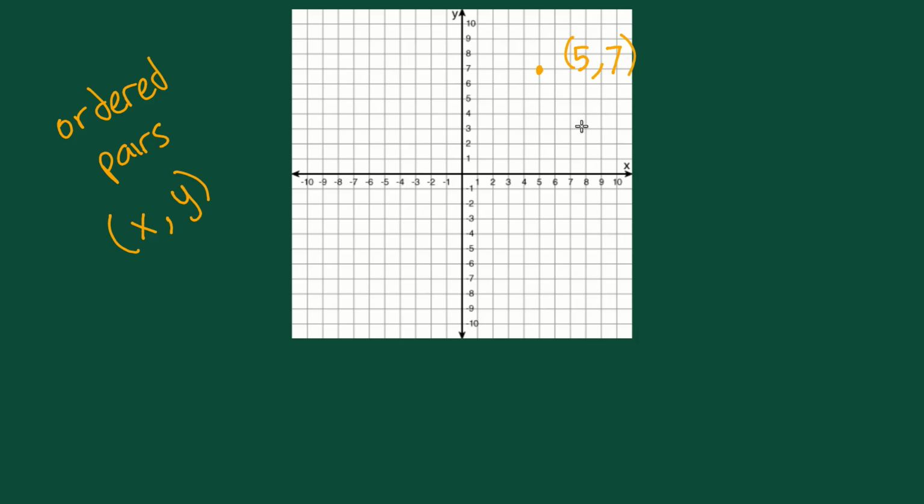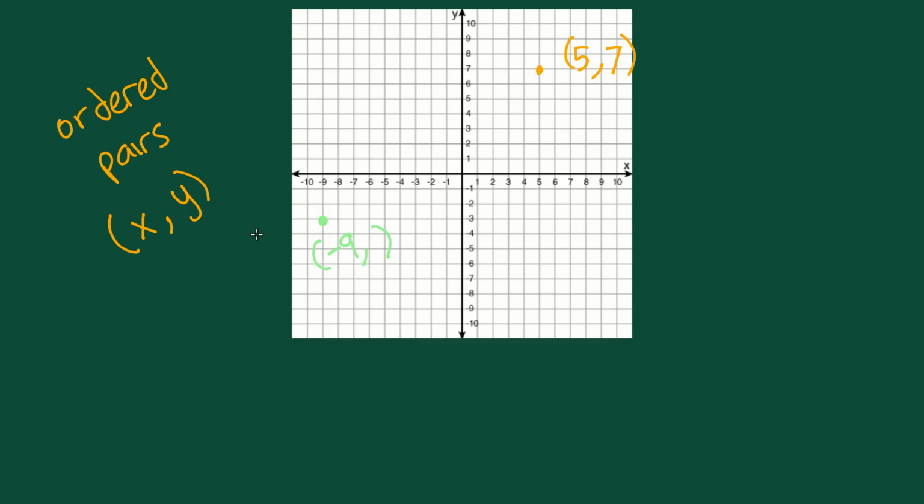What about, let me try to change colors, what about if we were right here? What would our ordered pair be? So where is our x? We're at -9.